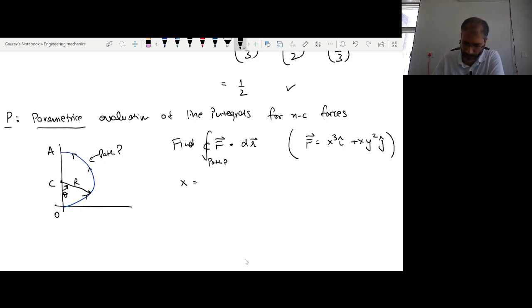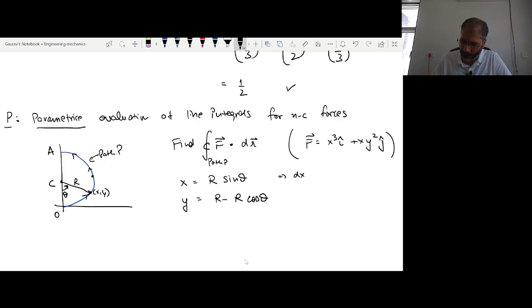Theta is the single parameter because it's a single degree of freedom problem. So x becomes, sorry, it's R sin theta, and y, the way the problem is defined, becomes capital R minus R cos theta.